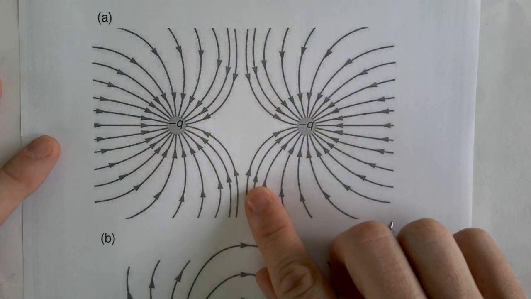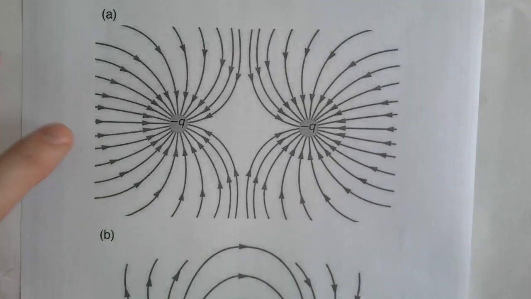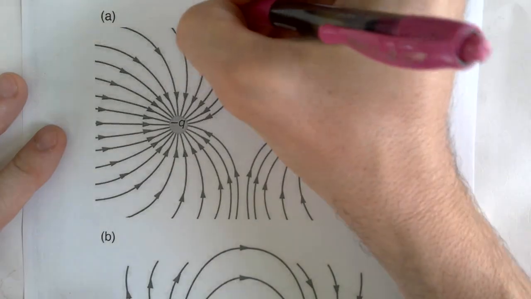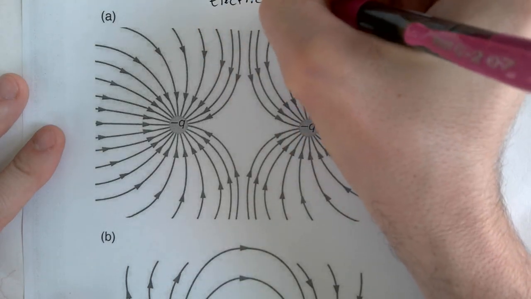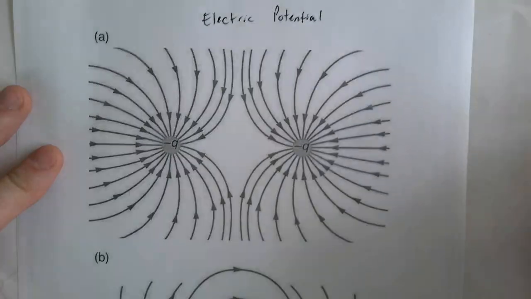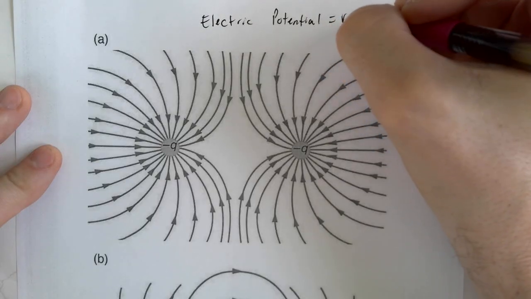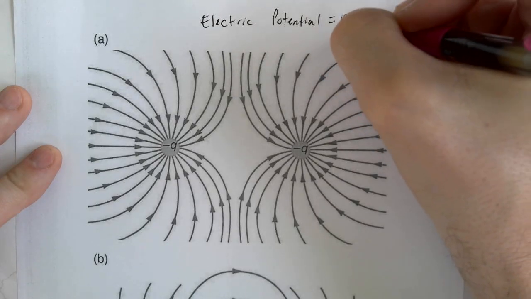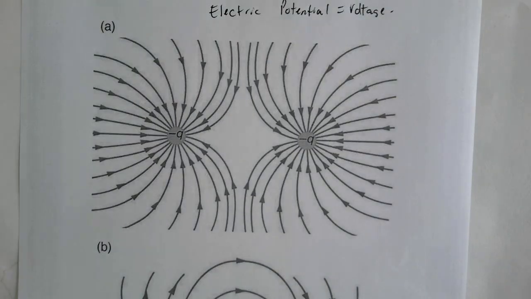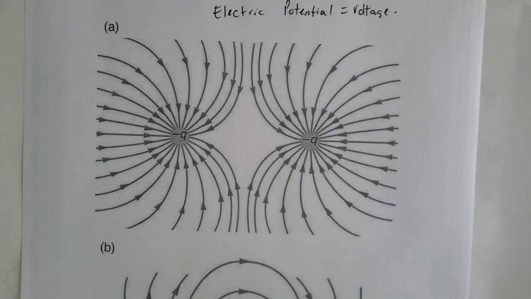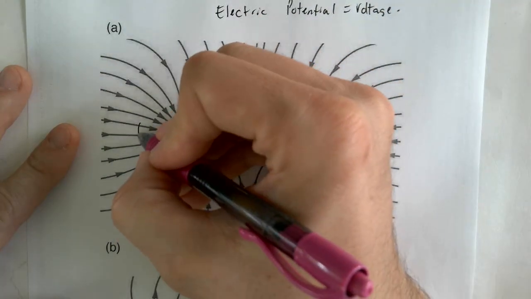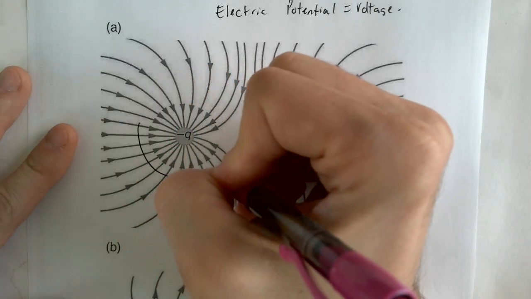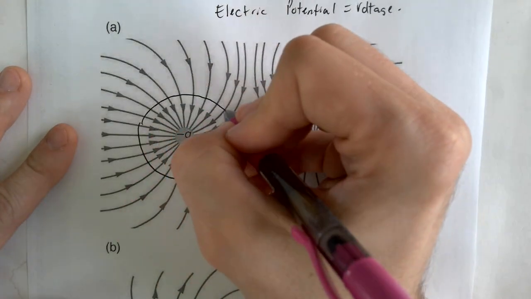If we wanted to draw the iso lines, or the electric potential lines, all right, oh, by the way, electric potential, not electric potential energy, but electric potential, is just voltage. Voltage. All right. So if we wanted to draw those iso lines for that, then they are going to be perpendicular to the field lines.